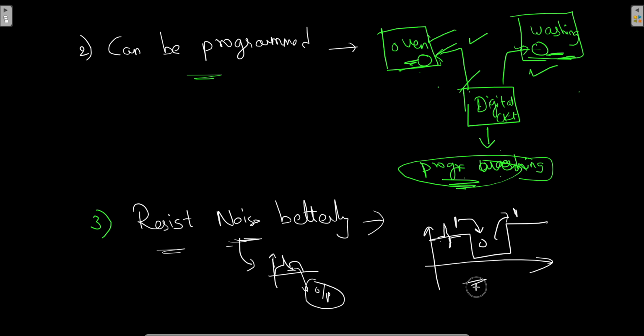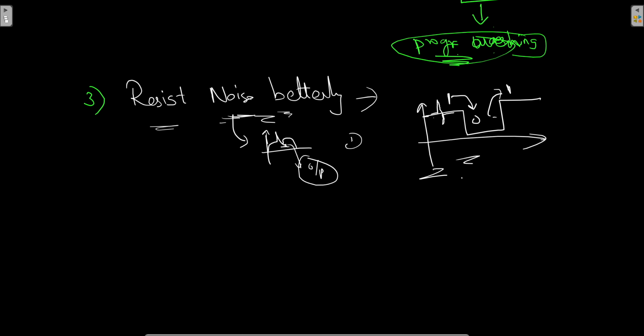But that is not possible unless this noise voltage is more than the threshold voltage, then only this flipping is possible. In this way, these digital circuits will resist the noise because we are taking only two voltage levels. That's the reason.